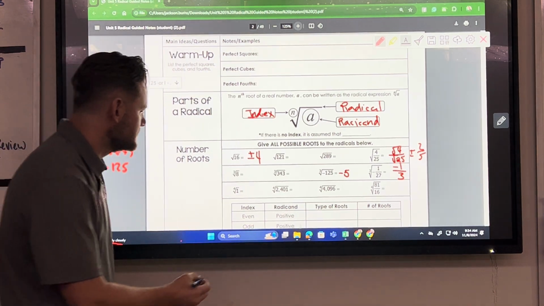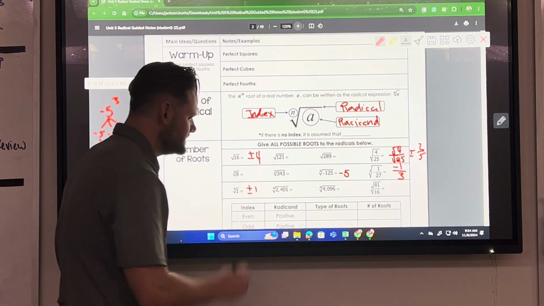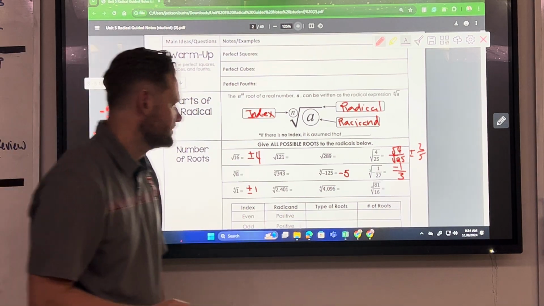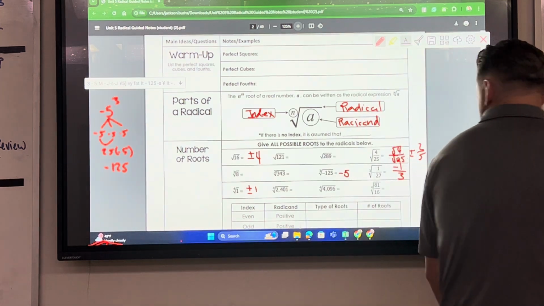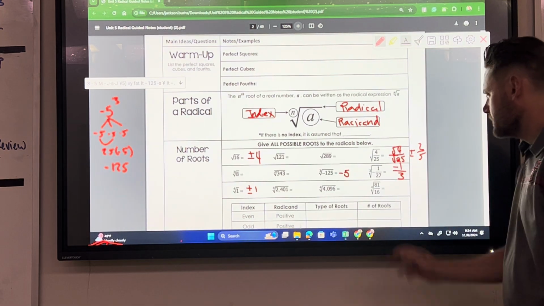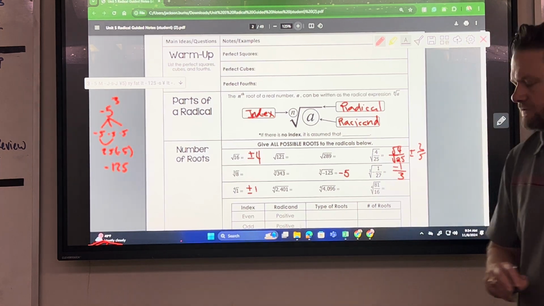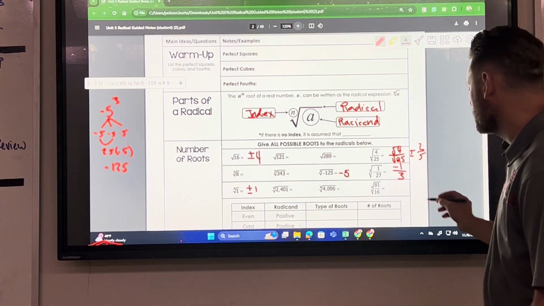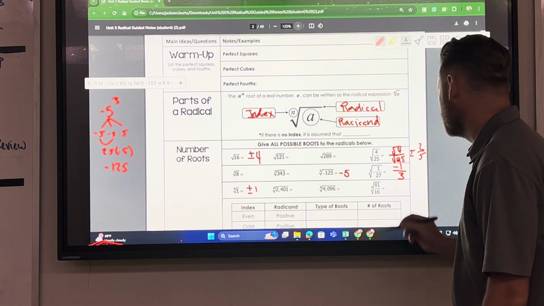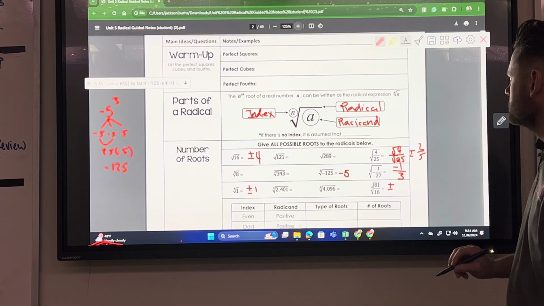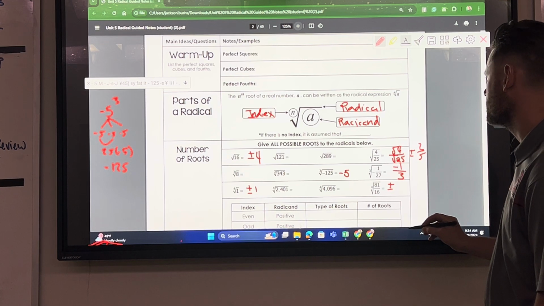Over here, our fourth roots. Now we're back into the plus or minus because it is even. So the fourth root of 1 is plus or minus 1. Over here, we can do the exact same thing. The fourth root of 81 over the fourth root of 16. The fourth root of 81 is, let's see, is that 3?